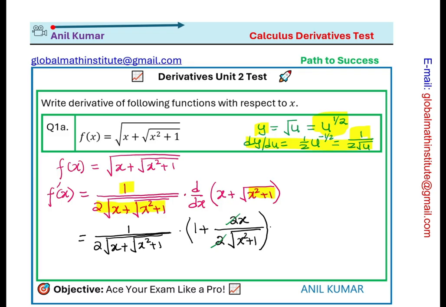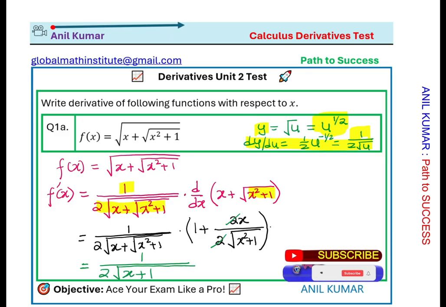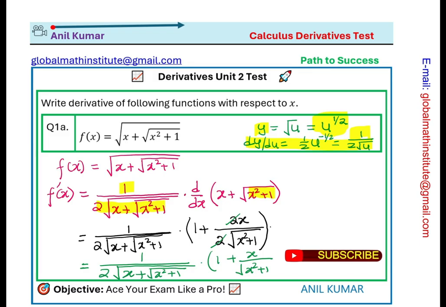So we get to the result, simplifying, cancelling out these two 2's gives you the final result, which is 1 over 2 square root of x plus square root of x squared plus 1 times 1 plus x over square root of x squared plus 1. Make sense? So that is the solution of question 1a.